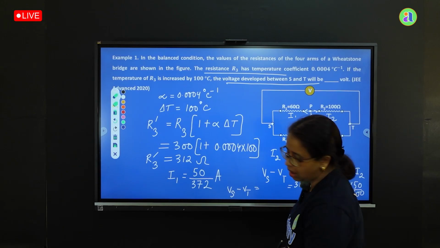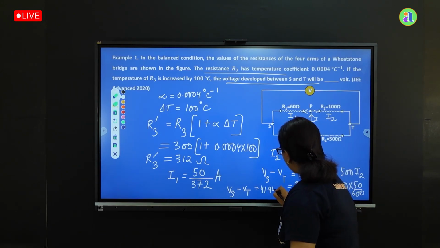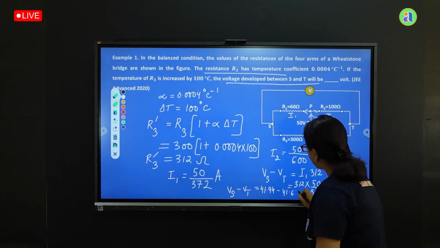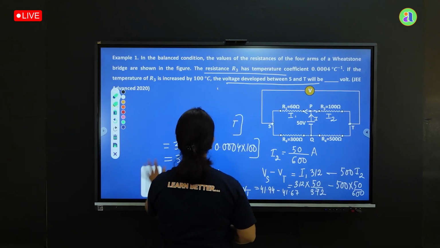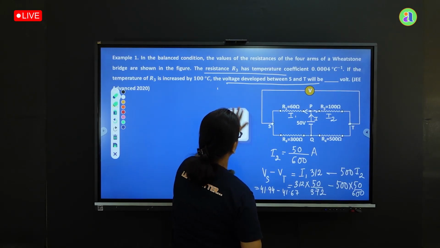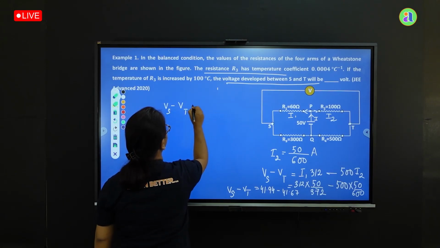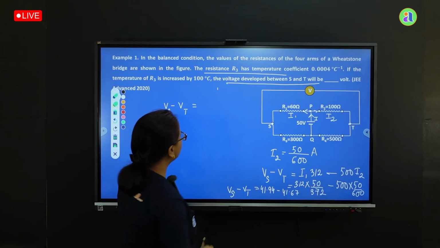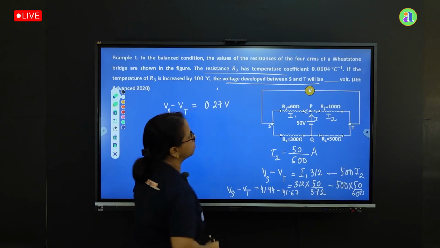This is around 41.94, and for the second part it's 41.67. So this finally gives us the value of Vs minus Vt, that is the potential difference between the points S and T, comes out to be 0.27 volts.